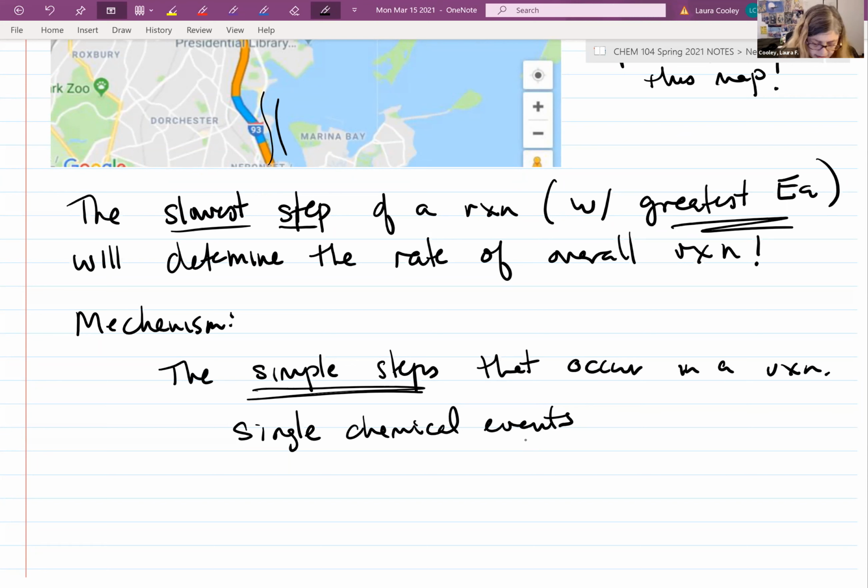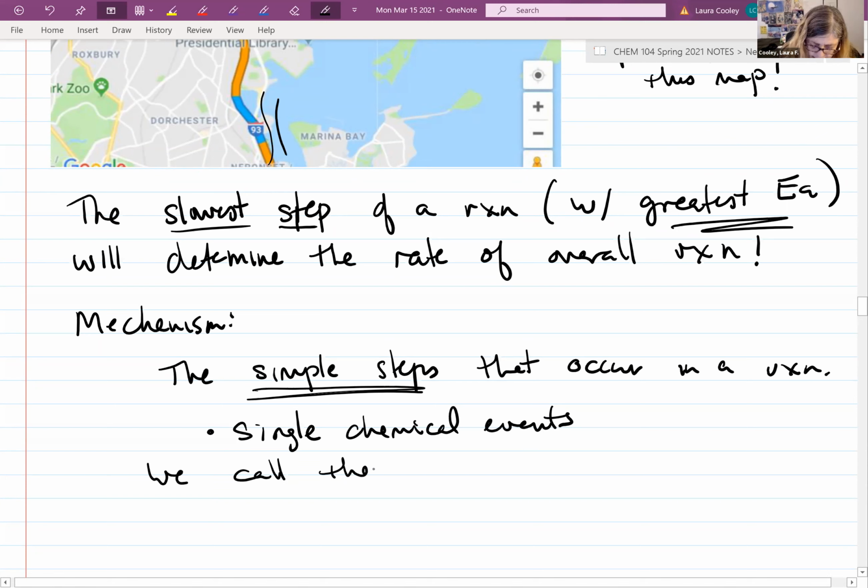Single chemical events. These simple steps that are single chemical events, we call elementary steps.